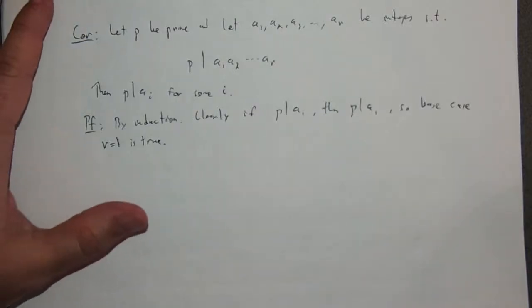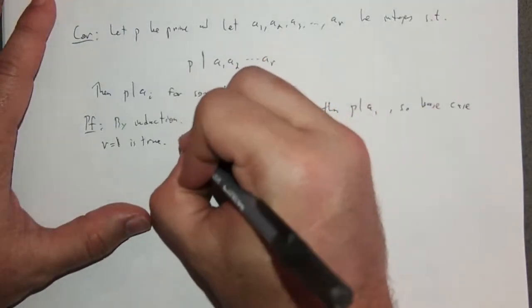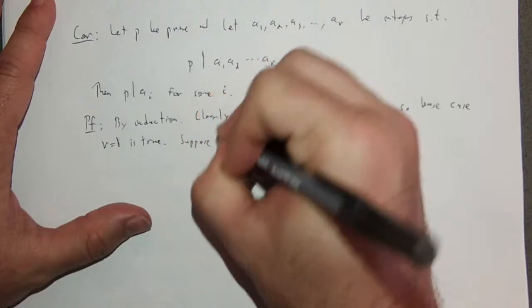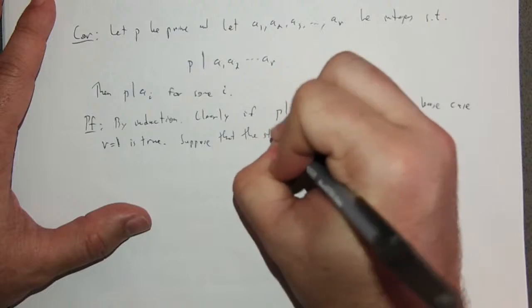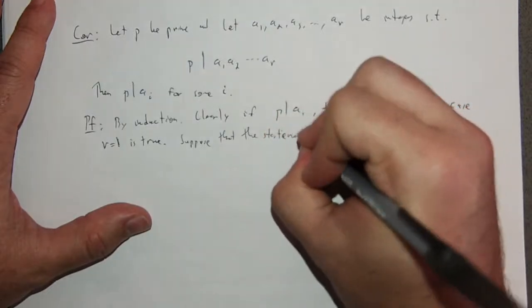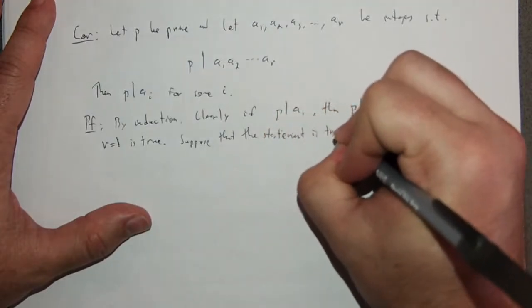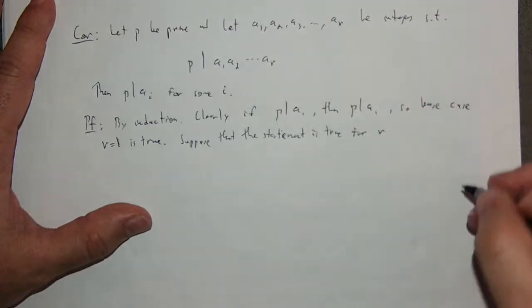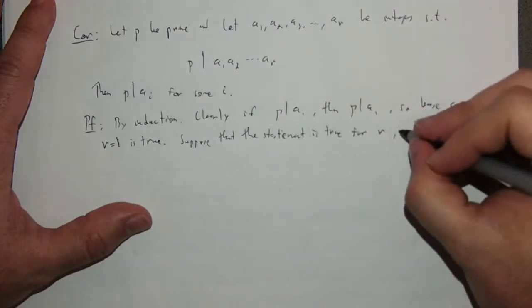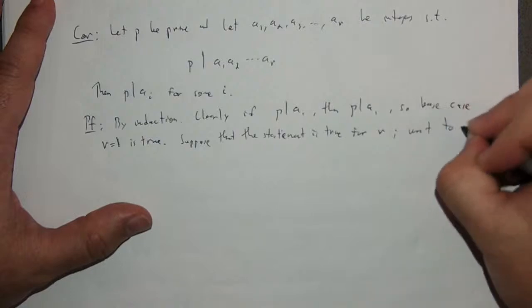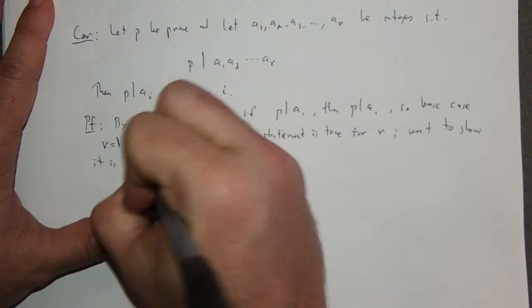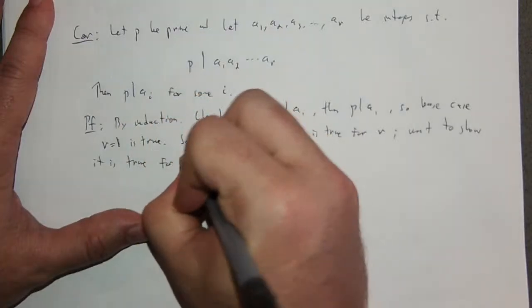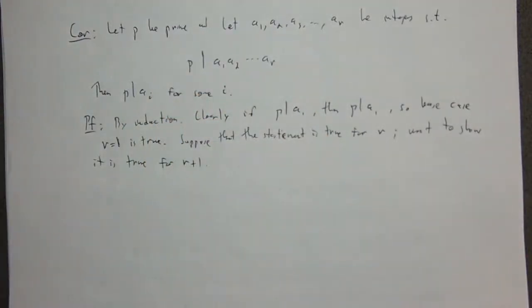So what's the inductive step? Suppose that the statement is true for R. Want to show it is true for R plus 1.